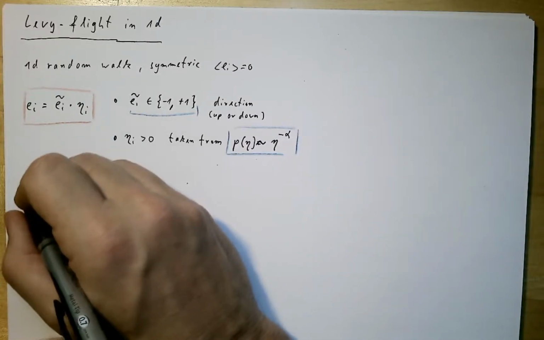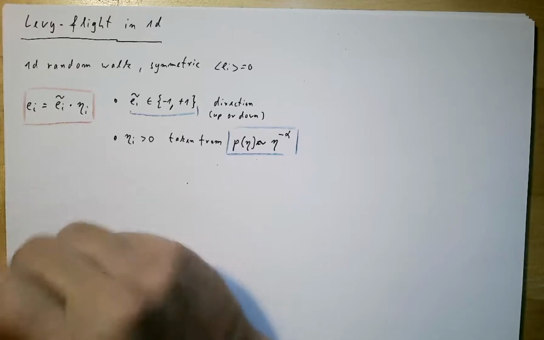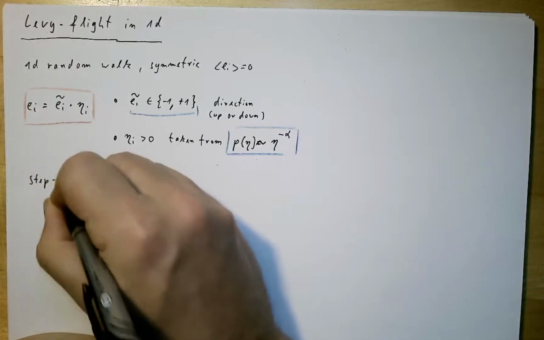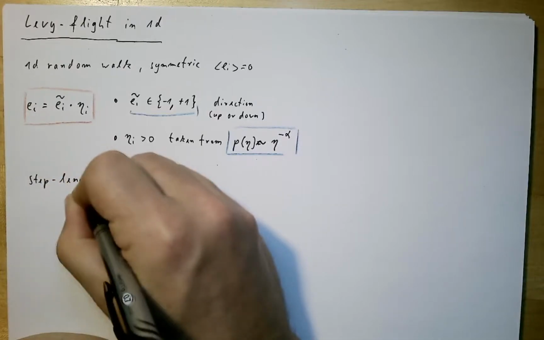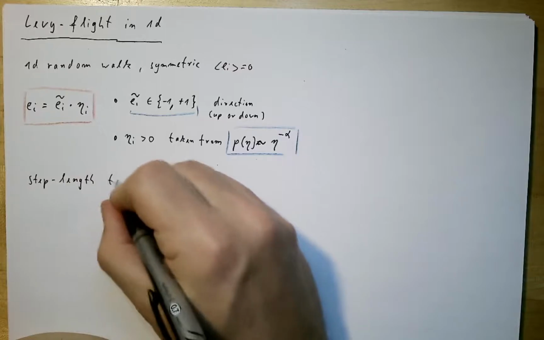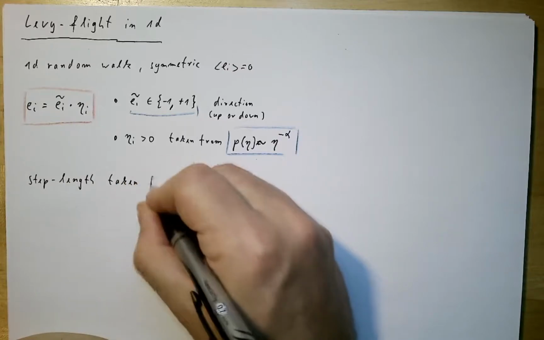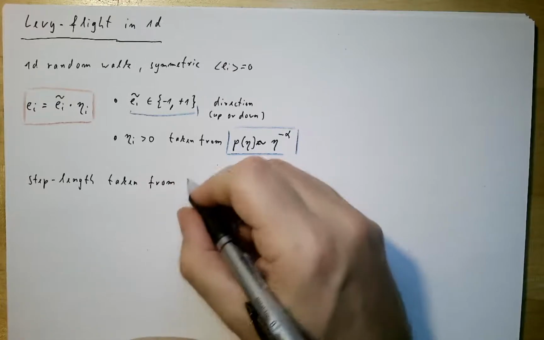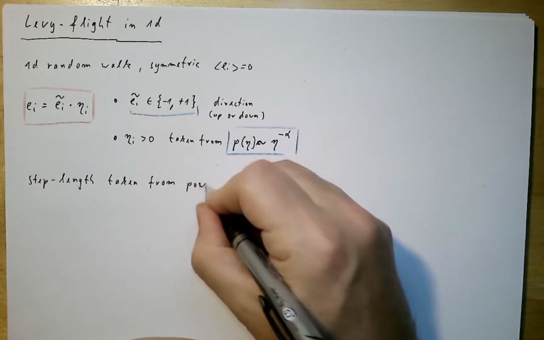So the step length is taken from a power law distribution.